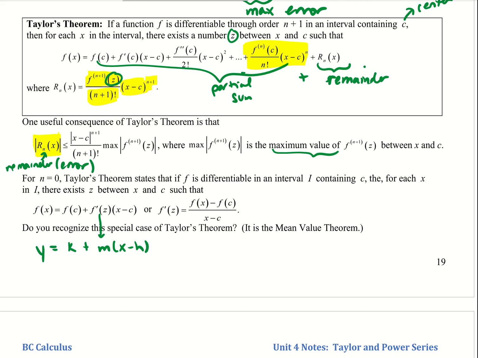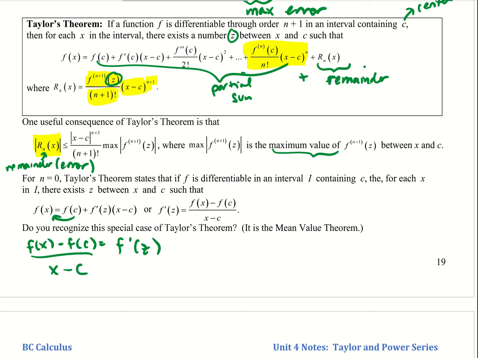Well, here's a different way to write that. f of x is equal to f of c, wherever the center is, plus our derivative evaluated at some special spot z, times x minus that center, c. That's like our h and k. Let's say that you then move the f of c over to the other side, and then divide by that quantity x minus c on both sides to get f prime of z alone.